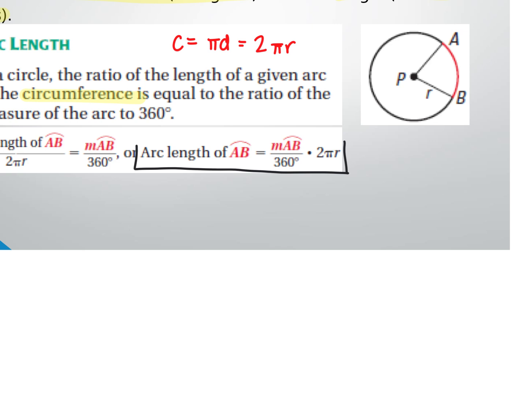I have my arc length equals the measure of my arc. I'm just writing it generically because I don't know what it's going to be. The measure of the arc over 360 times, it could be 2 pi r.